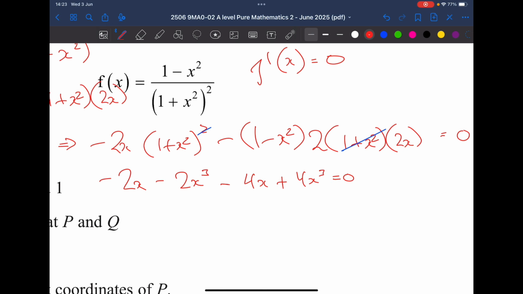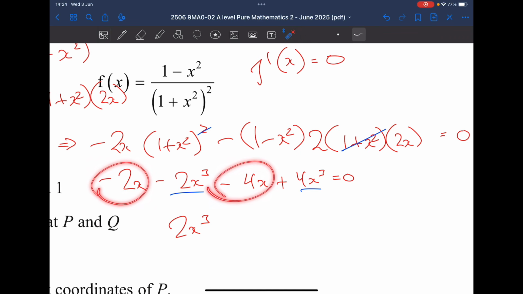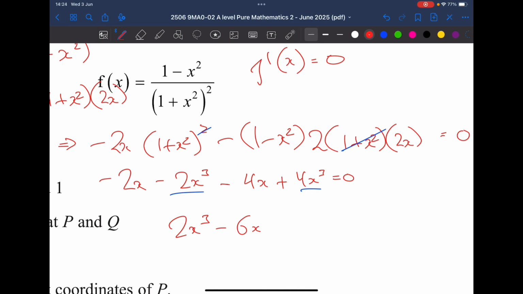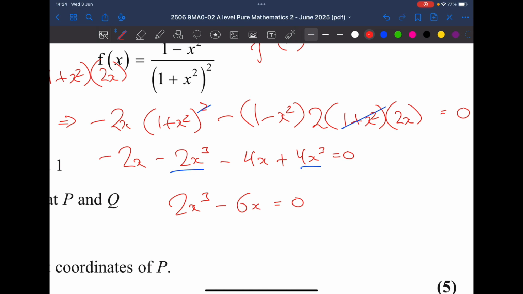Now we've got x's everywhere. How many x cubes do we have? I've got 4, take away 2 is 2. How many x's? Take away 2, take away 4, minus 6. Again, can factorize now. So 2x out the front, x squared minus 3. And now, yes, x is either 0 or positive or negative root 3.